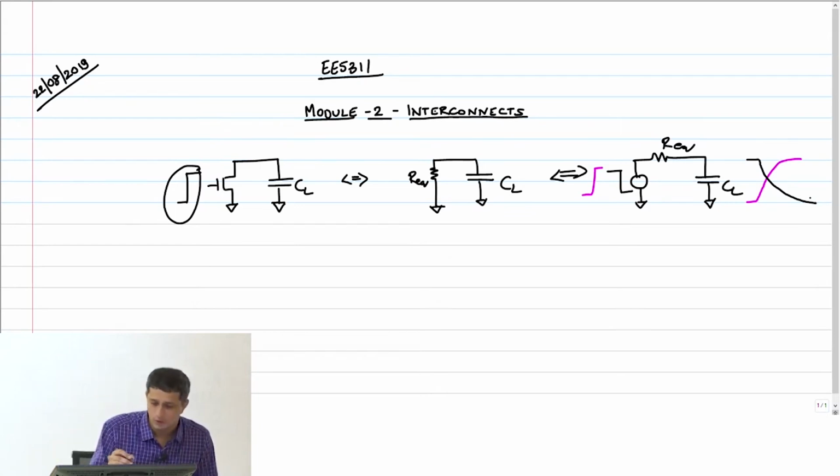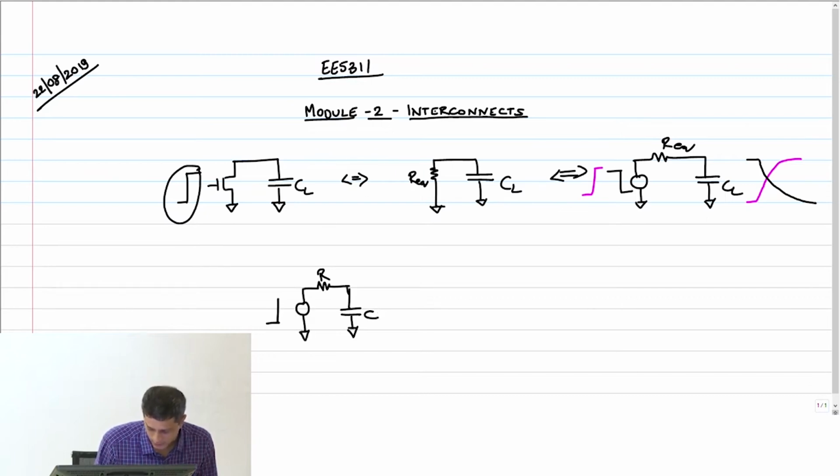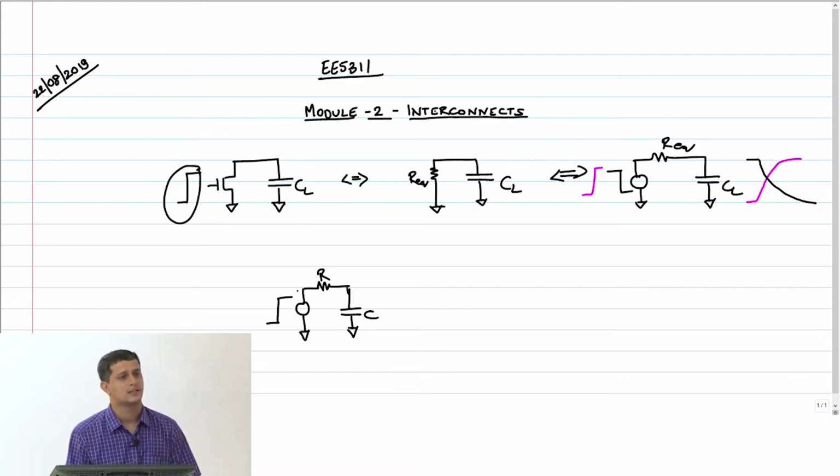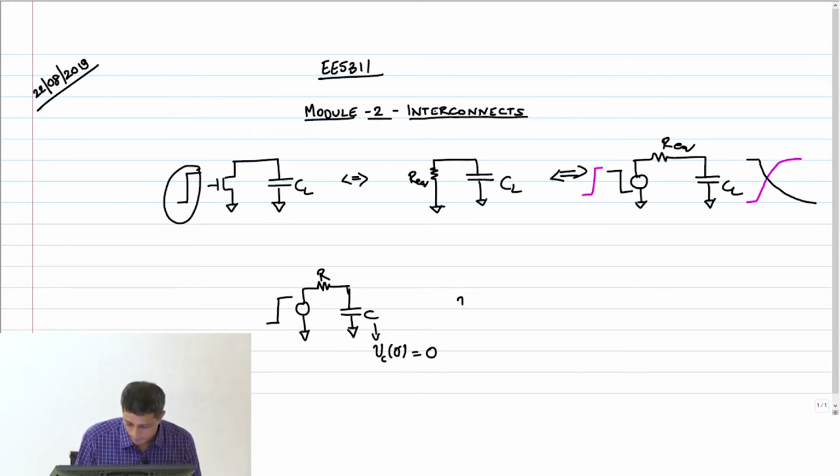So, in summary, if I have an R and a C and I have a unit step function as the source voltage, assuming that this capacitor is discharged at t equal to 0, Vc of 0 minus equals 0, then what is the equation for the capacitor voltage with time?